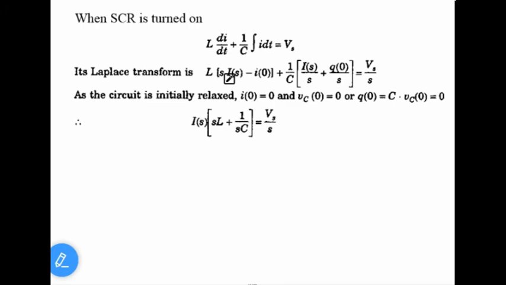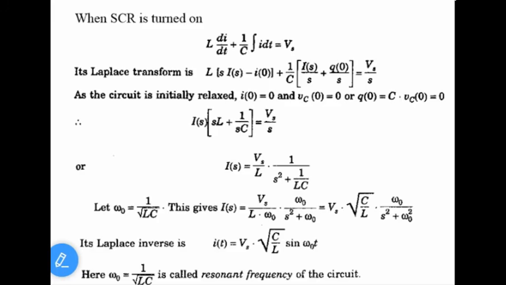Now applying the Laplace transform, we got like this. Now initially, let us assume that initial current is 0, initial capacitor voltage is 0, capacitor charge is 0. Considering those initial conditions, applying the Laplace transform and then the inverse Laplace transform, I got a current expression.